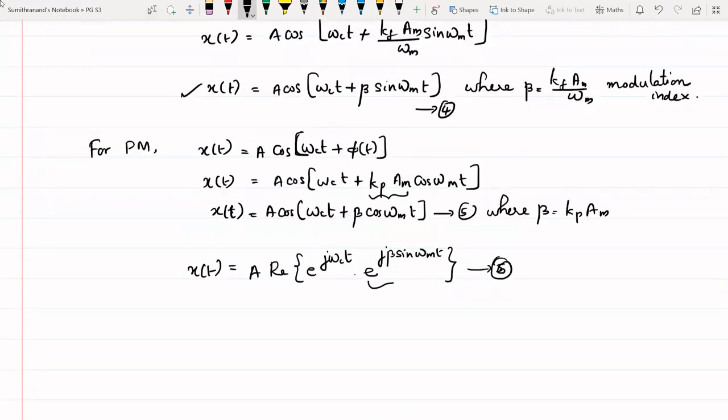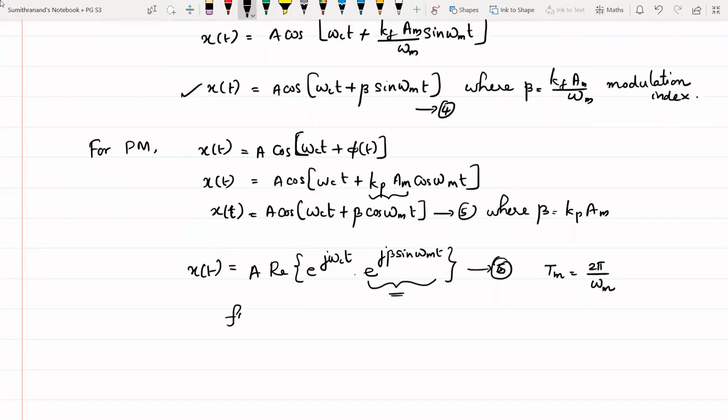Here in e raised to j beta sin omega m t, this sin omega m t is a periodic function. So e raised to j beta sin omega m t is also periodic, with the period Tm equal to 2 pi by omega m. So let us write the Fourier series expansion for e raised to j beta sin omega m t, and let this function be f of t.